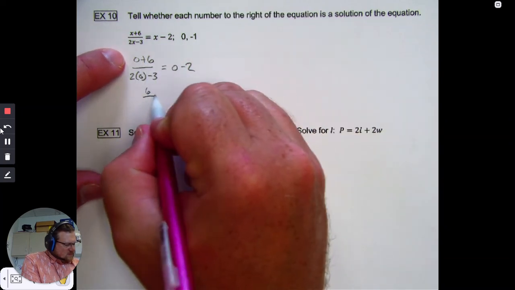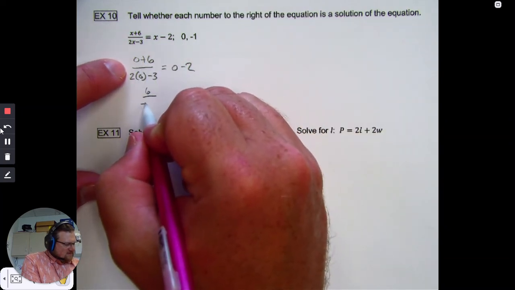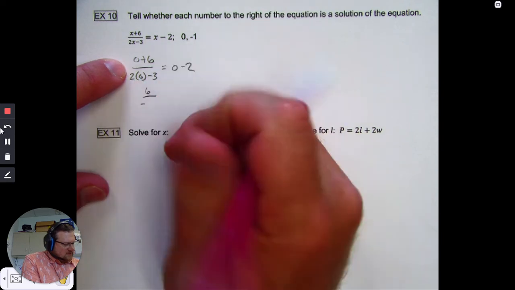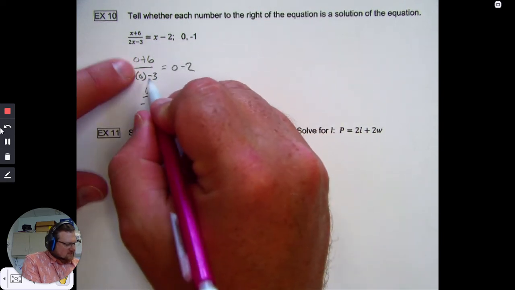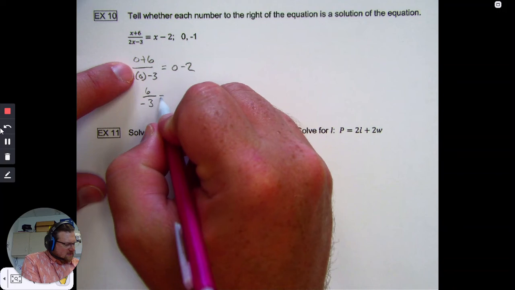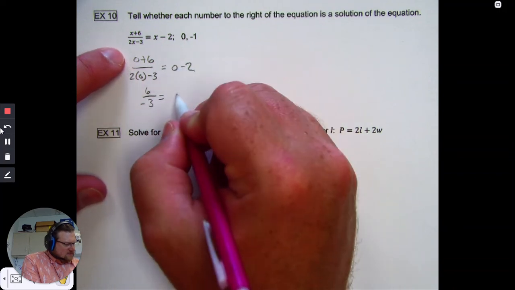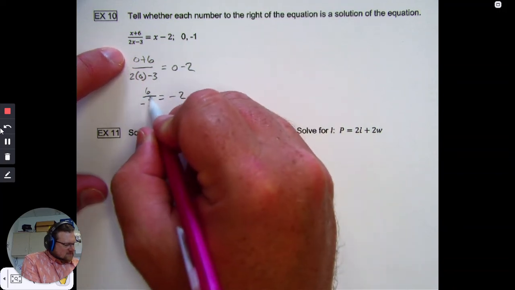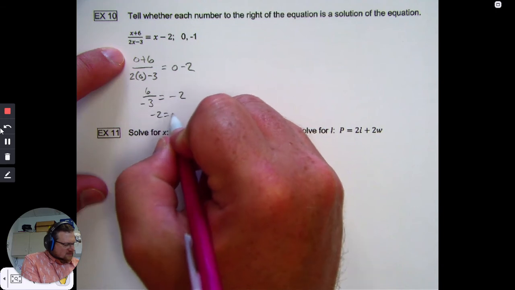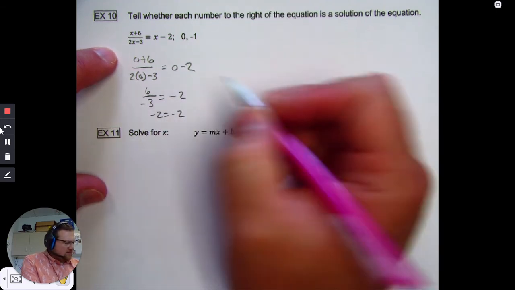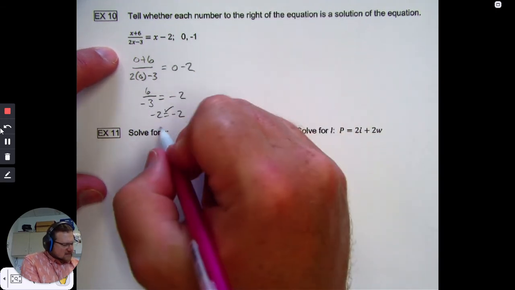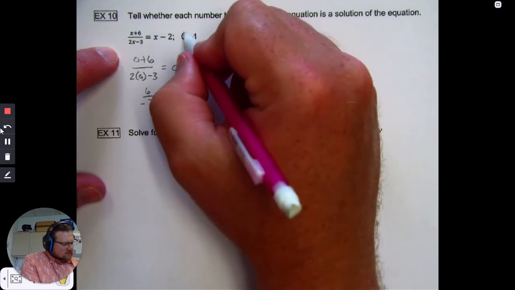So 2 times 0 is 0, right? So this is really 0 over a negative 3, does that equal 0 minus 2? So does 6 divided by a negative 3, does a negative 2 equal a negative 2? Well, the answer is yes, right? So for 0, it works.